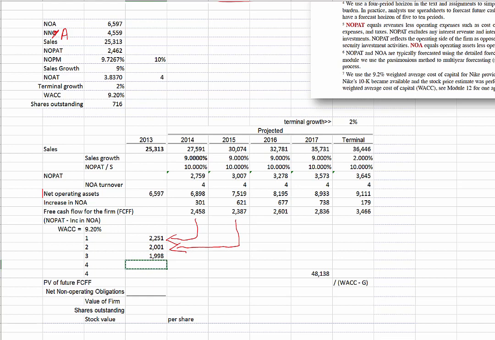And right here, let's go get that 2017 free cash flow, divide by 1 plus that interest rate raised to the fourth power, and that gives me 1994.